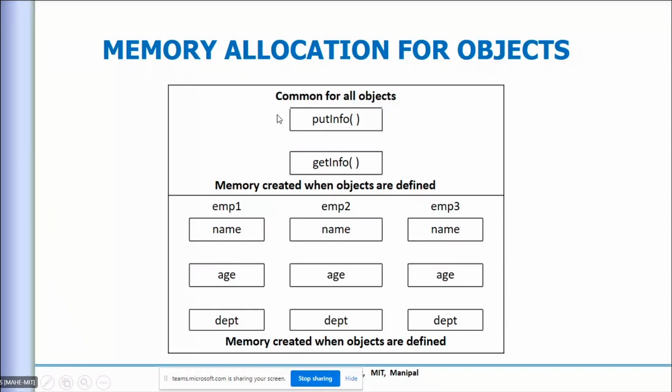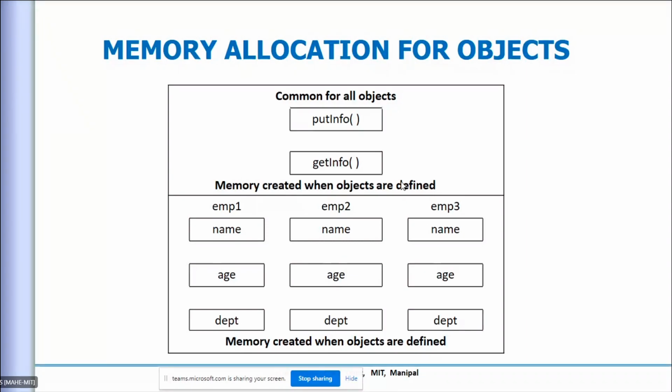One copy of the function is kept, but as you create objects you get different memory allocation for the data, and only a single representation for the function. Remember this view. It is very important for class representation, how memory is allocated. I hope it is clear. With this we'll start our new concept.